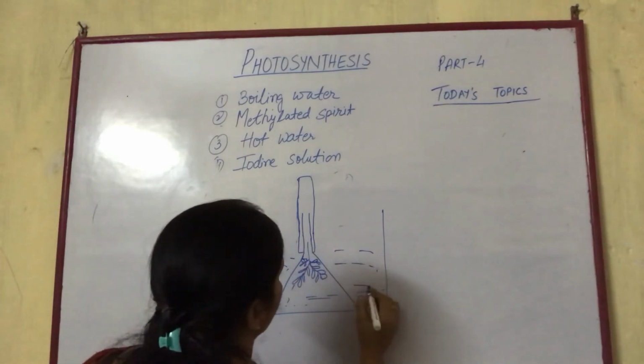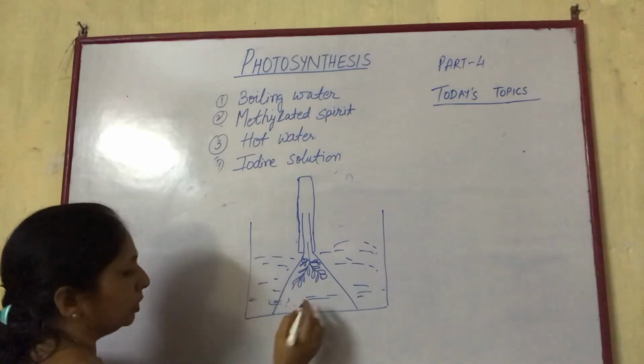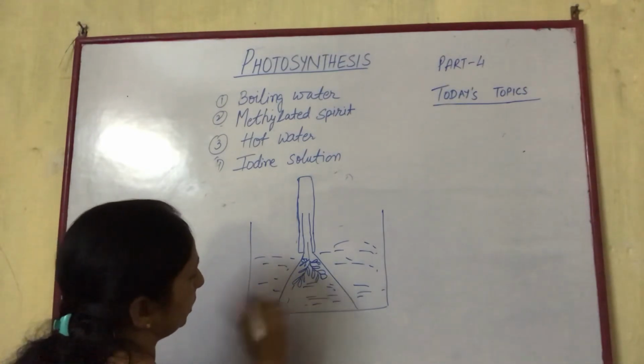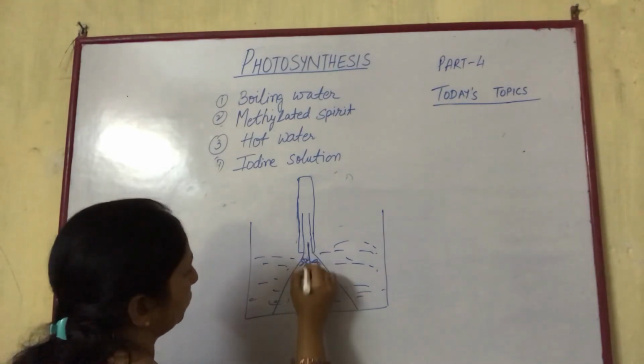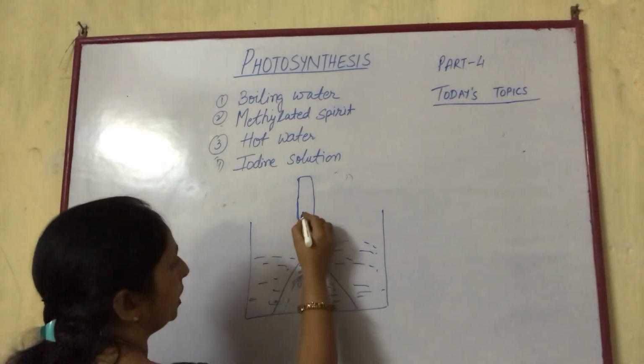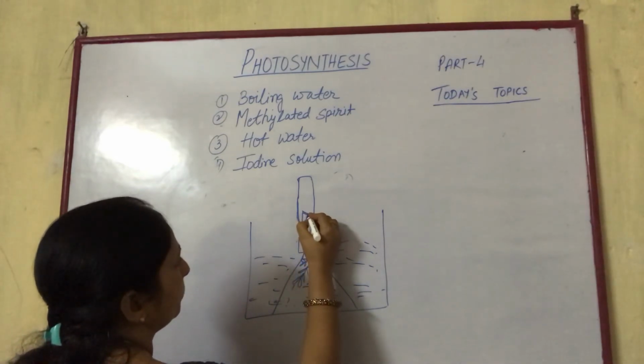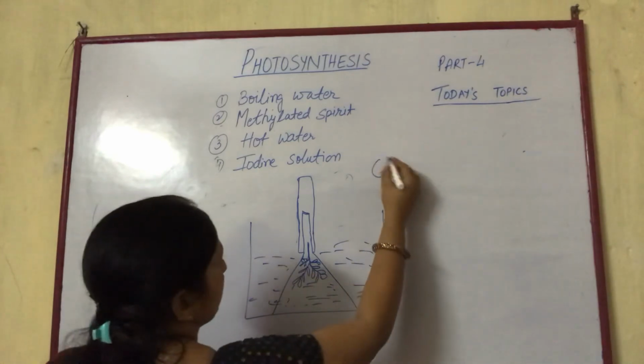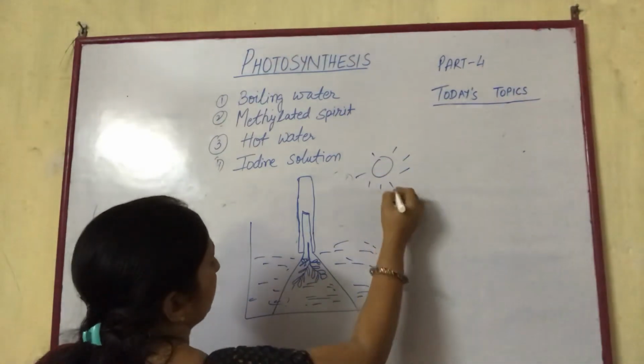In a beaker, pond water is taken. In the pond water, the stem of hydrilla is kept in an inverted conical flask, and this is kept in sunlight for a few hours.